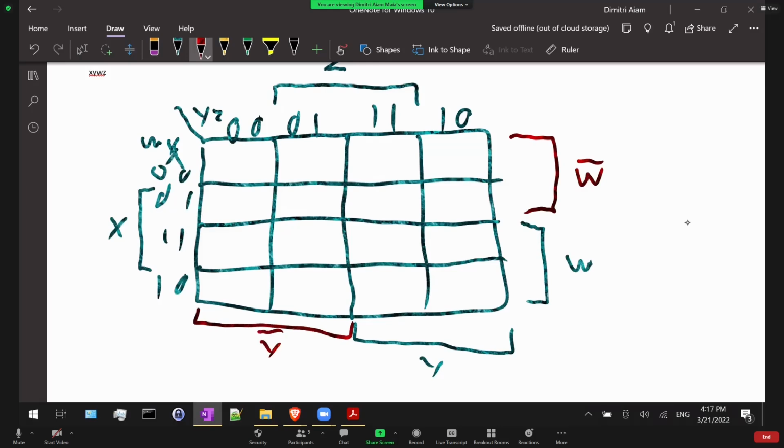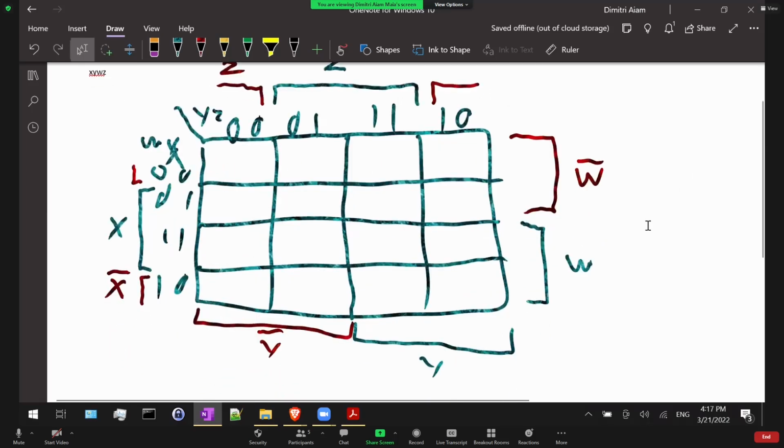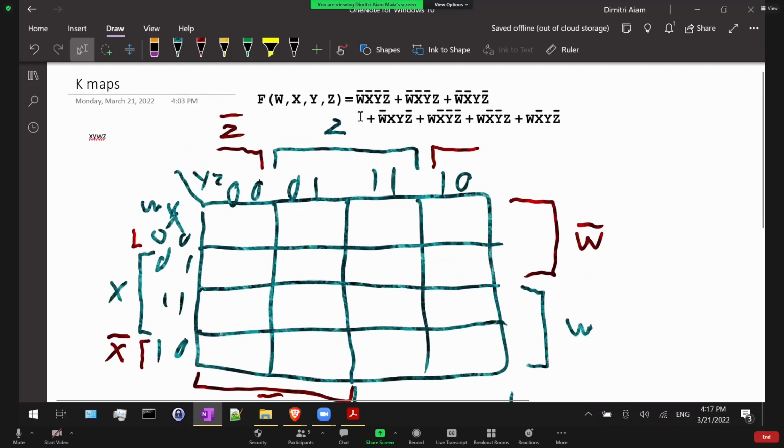Over here, X not. And over here, the same thing, Z not. You see that? Now, all you have to do is populate this on the map. Where you see Z not, you just draw a 1 there. So for example, W not over here: this entire column is W not.